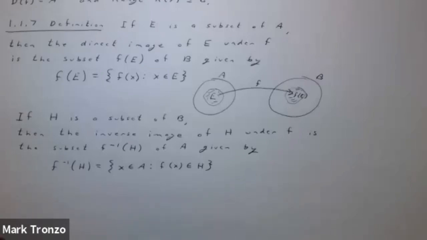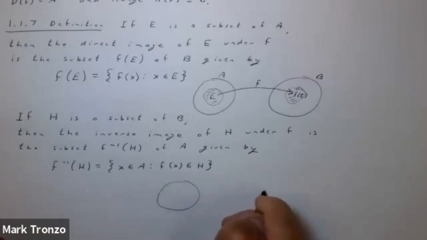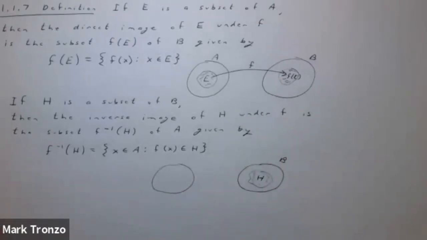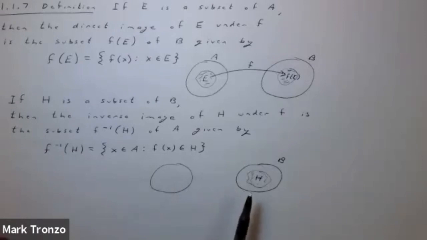And so let's see if we can interpret this. In other words, what this is saying, again, H is a subset of B. So it's going to be over here. So we have B, and we have, say, some subset here, H. And so the inverse would be basically the points that this set H came from.